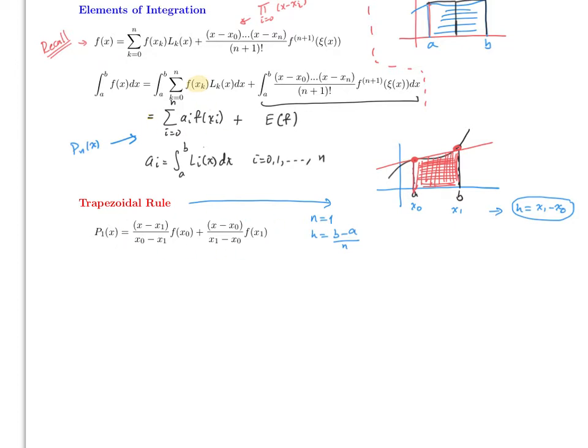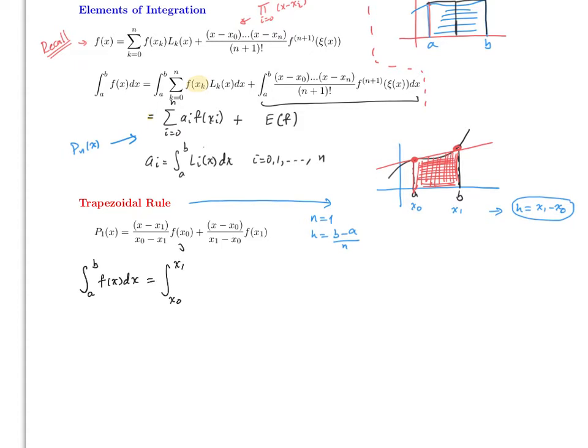All right, so now let's derive the trapezoid rule in the fanciest possible way. So here it is. We're trying to find or to approximate the integral of f of x dx. Remember, in our case, a is equal to x0 and b is equal to x1.